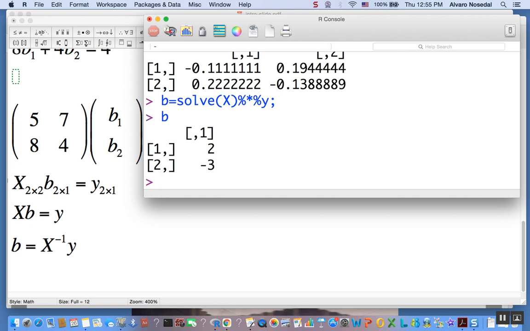So anyway, what if we are dealing with a similar problem, meaning a system of linear equations, but one where we have more equations than unknowns? So let me write that down.